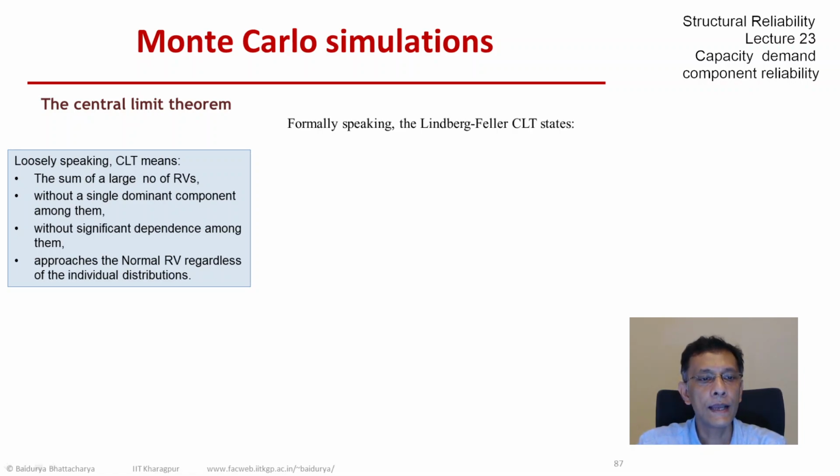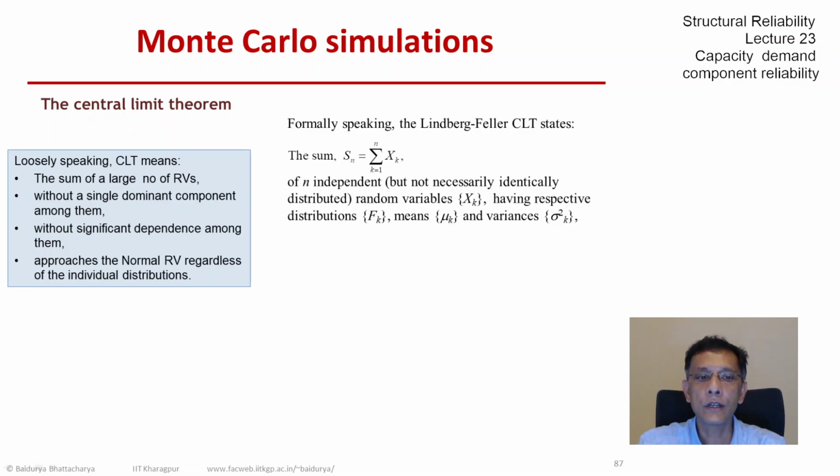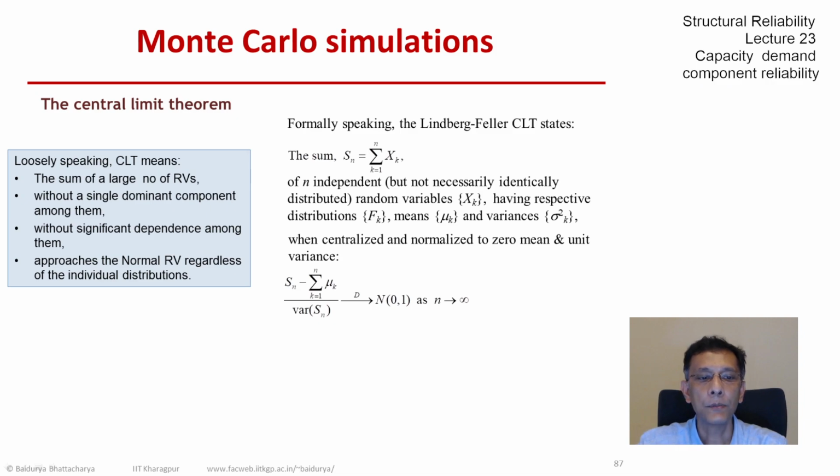And we had the entire description of the central limit theorem. We are not going to go into that now, but basically this is what happens if the conditions are met. The normalized, centralized sum would approach the standard normal.